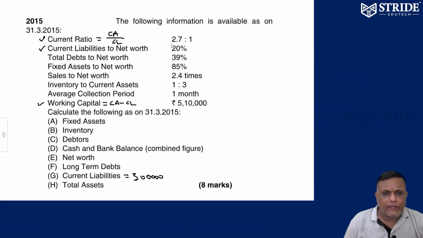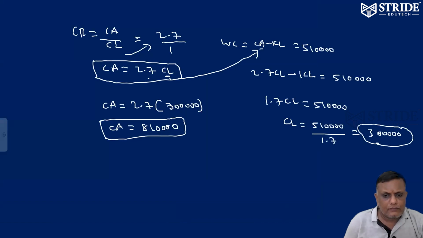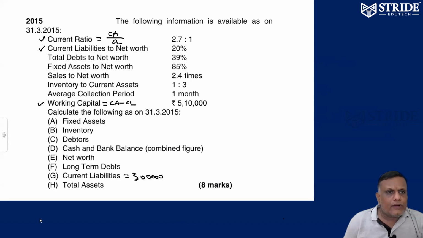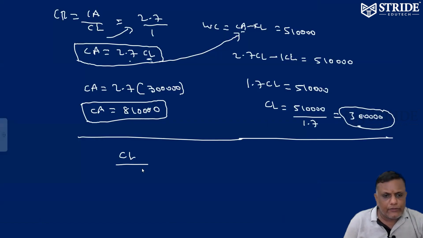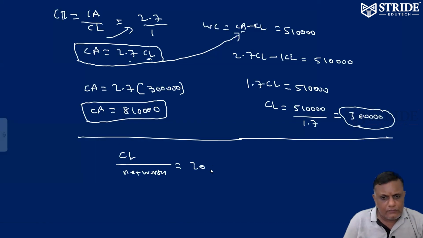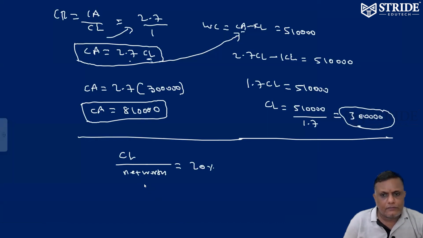I'm going to use this one: current liability by net worth is equal to 20%.